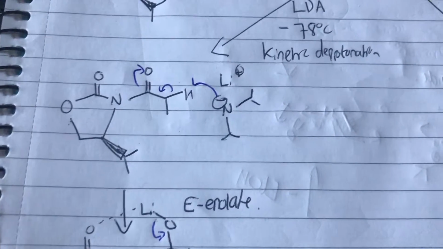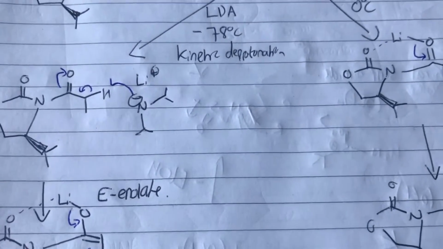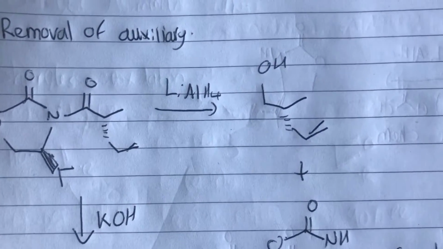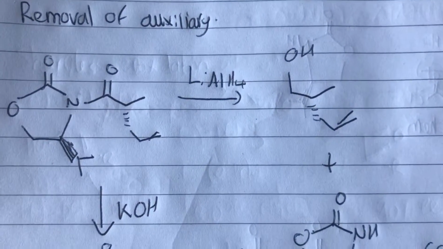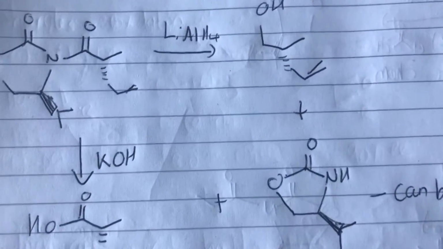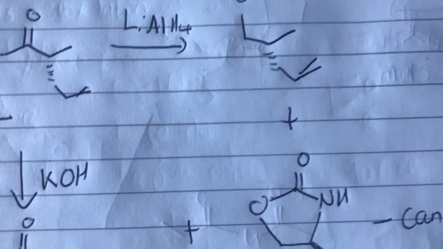Not a bad mechanism. Obviously it took me a second to get my head around, but just think about LDA. We wrote it out earlier, that's what LDA is, so make sure we remember that. And it basically just attacks the hydrogen in both cases. Next we've got the removal of the auxiliary. We do that by lithium aluminium hydride. We get a couple of products there, that and that.